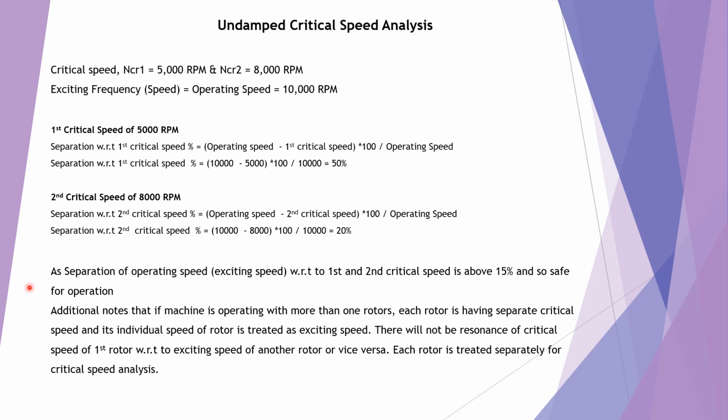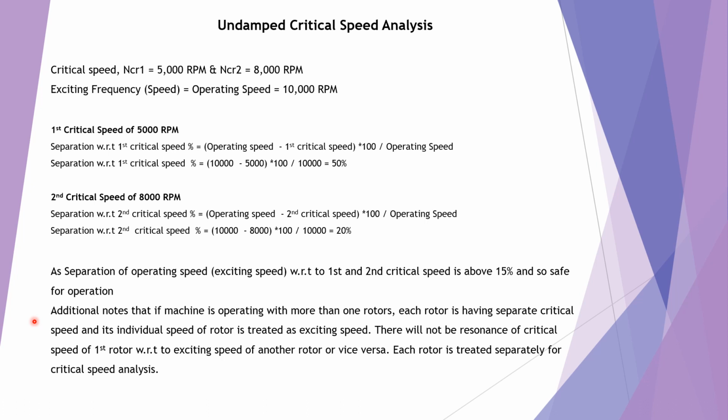So the separation of operating speed, that is exciting speed, with respect to the first and second critical speed is above 15%, and so it is safe for operation. Additional notes: if the machine is operating with more than one rotor, each rotor has a separate critical speed, and the individual speed of each rotor is treated as exciting speed.